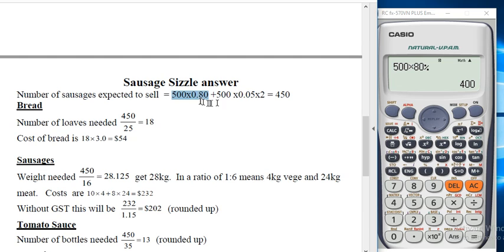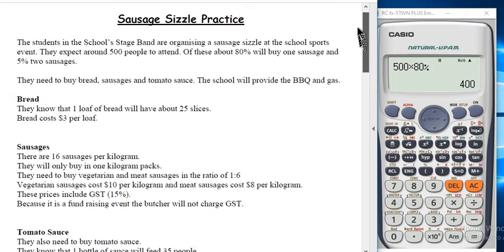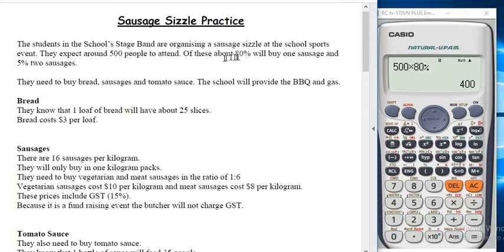You could actually write down the result of that, which is 400, but this person who's written the answers in has done everything in one go. In fact, they've worked out the percentage of that other group of people who buy 2 sausages. So I'll just explain that over here. We've got 5% of the people who are attending buying 2 sausages.